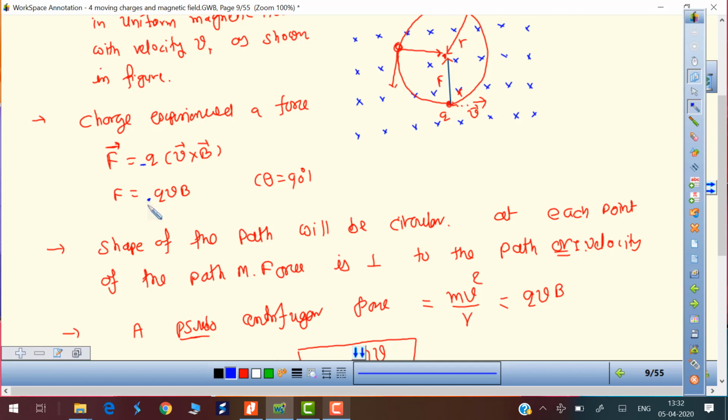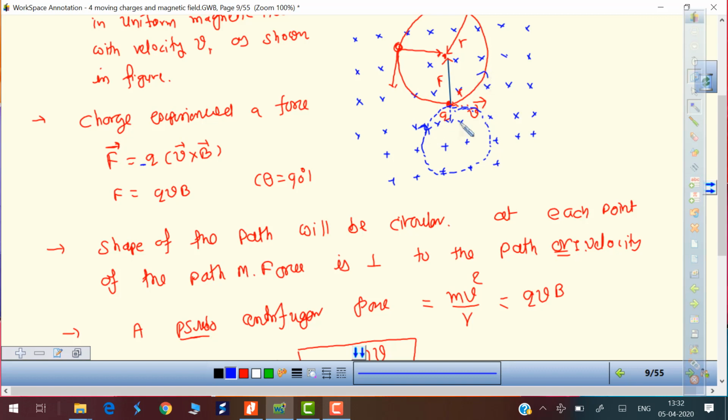Not necessarily the magnitude, but the sign is negative. So now the force is acting downward. And if the magnetic field is available here also, then this negative charge will complete the rotation in the clockwise direction.